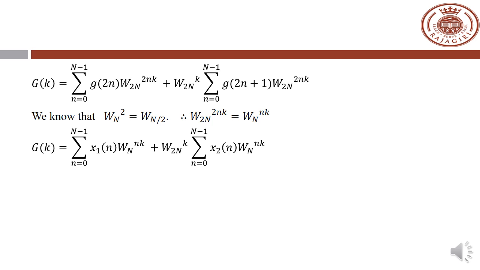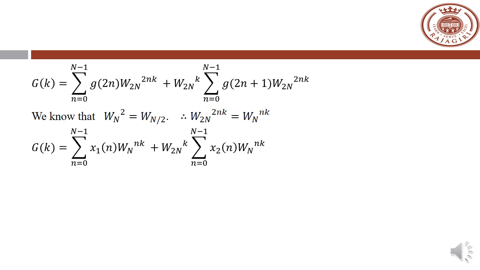We already know that x1 of n is equal to g of 2n, which are the even numbered sequences, and x2 of n is equal to g of 2n plus 1, which are the odd numbered sequences. If we look at the two summations, the limits are from n equal to 0 to capital N minus 1, and the twiddle factors are W_N raised to nk.